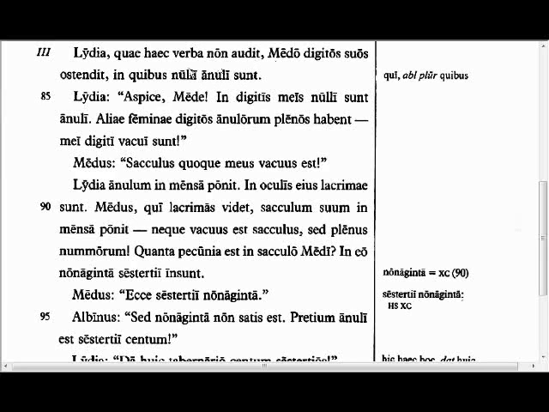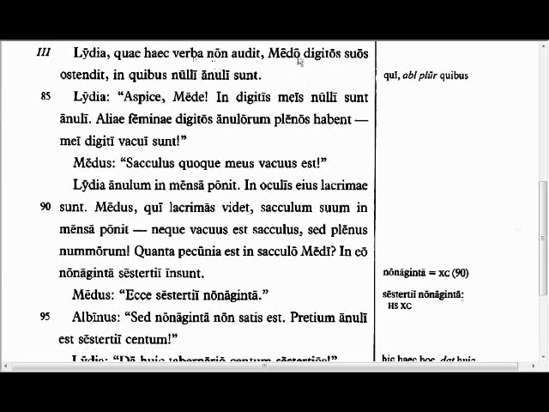So here we have haec verba, the accusative plural neuter. And so haec means these things in the neuter accusative plural. If it's feminine, it could also be feminine singular, haec. But so she doesn't hear these words.